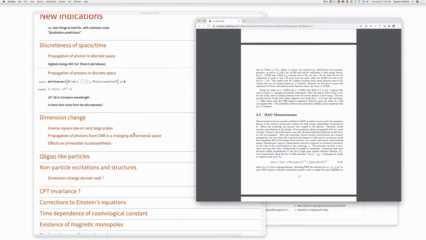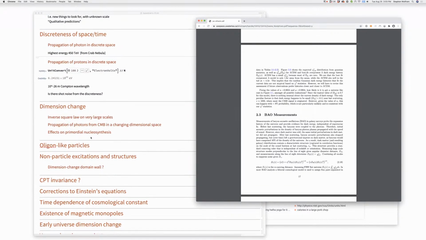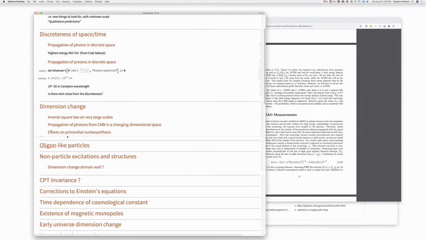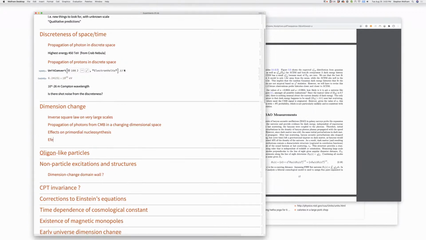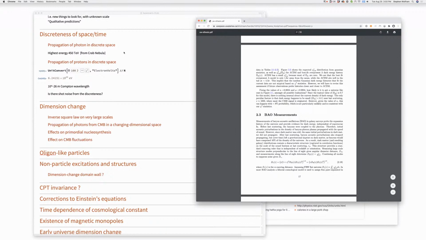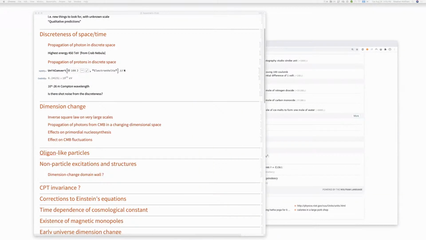Well, both of these things, both discreteness in space-time and dimension change, could have an effect on... All right, should we turn to a different area? I think we can figure out a little bit more about the actual physical consequences of these things.